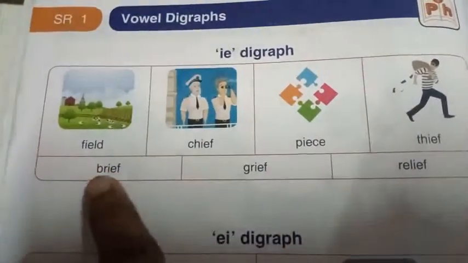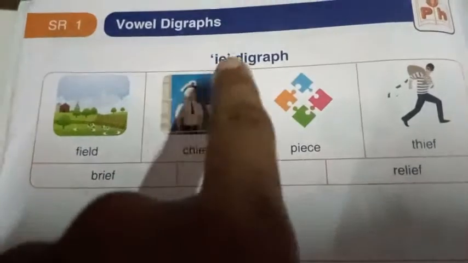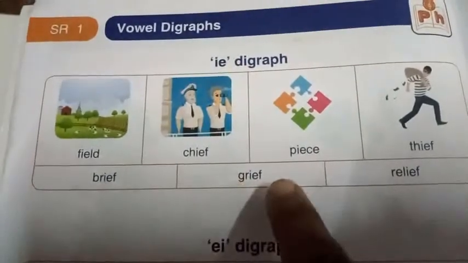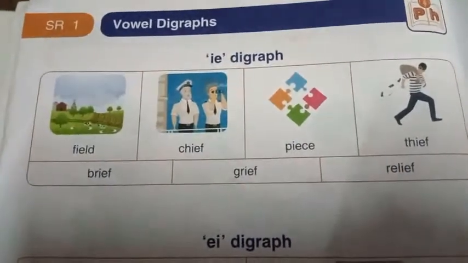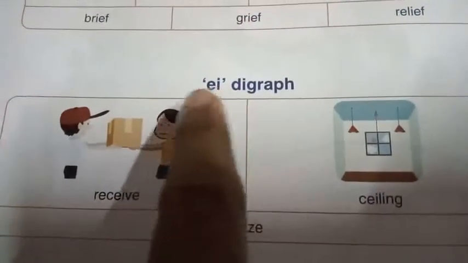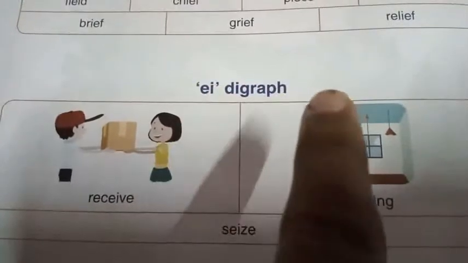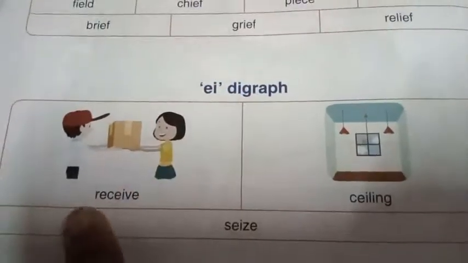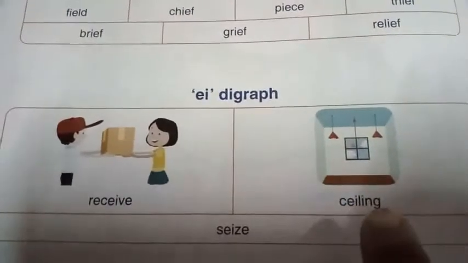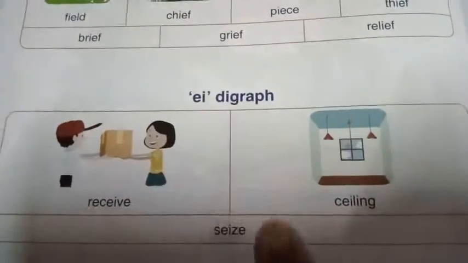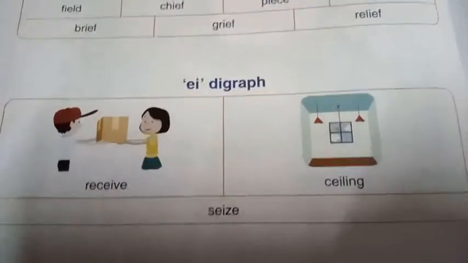E as in brief. E as in grief. E as in relief. Next, E-I digraph. E as in receive. E as in ceiling.